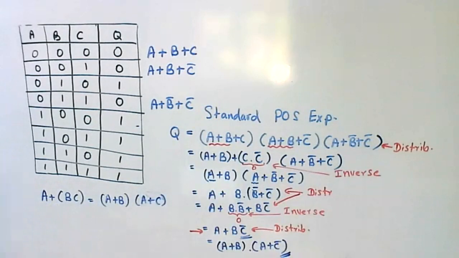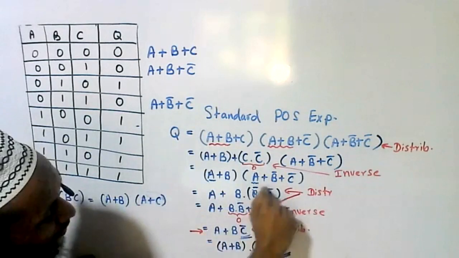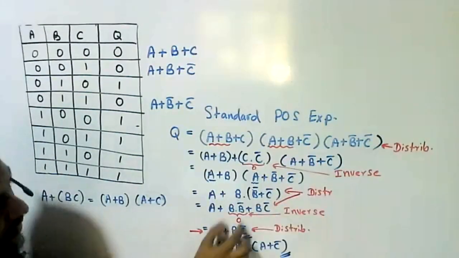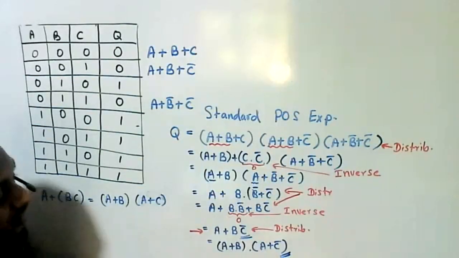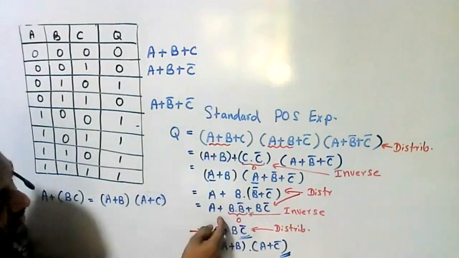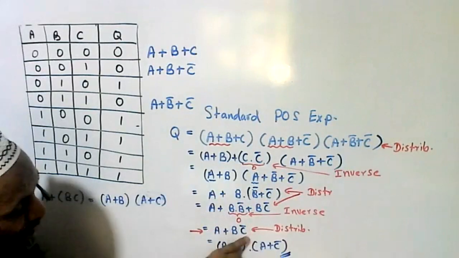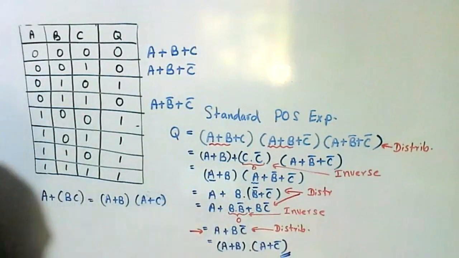Okay, here we applied the same distributive law, B into B bar plus C bar. So B into B bar, B into C bar, and here we applied the inverse law. So B into B bar, we know it's equal to 0. So we can cut it, A plus BC bar. This is okay, but we can't keep this one because this is an SOP expression.